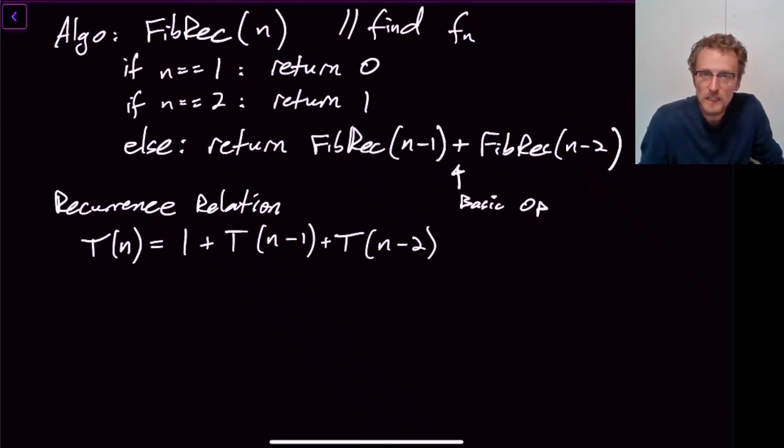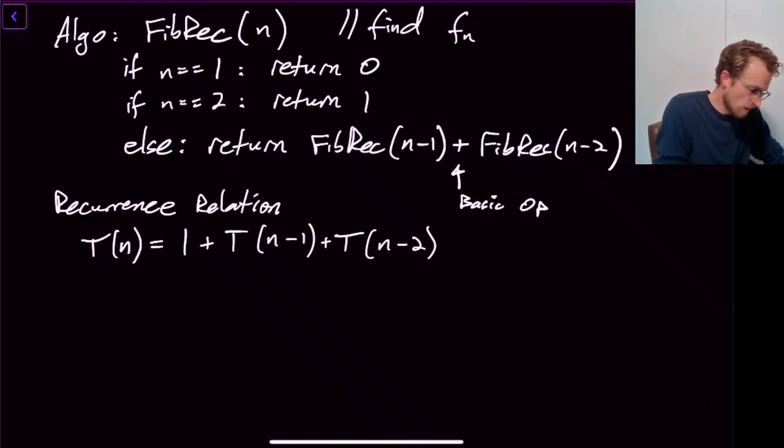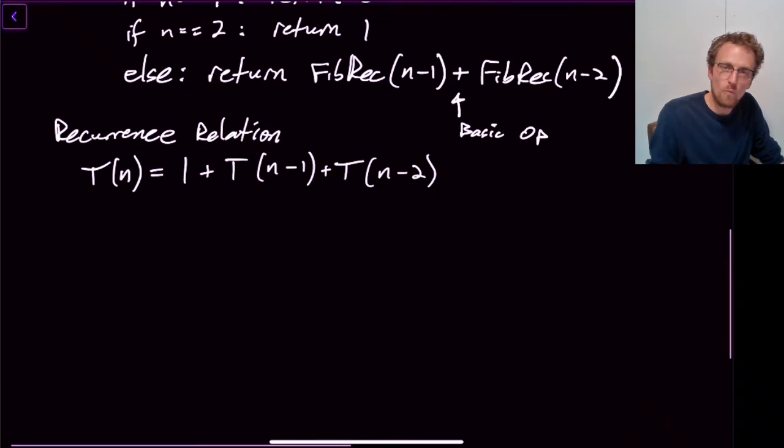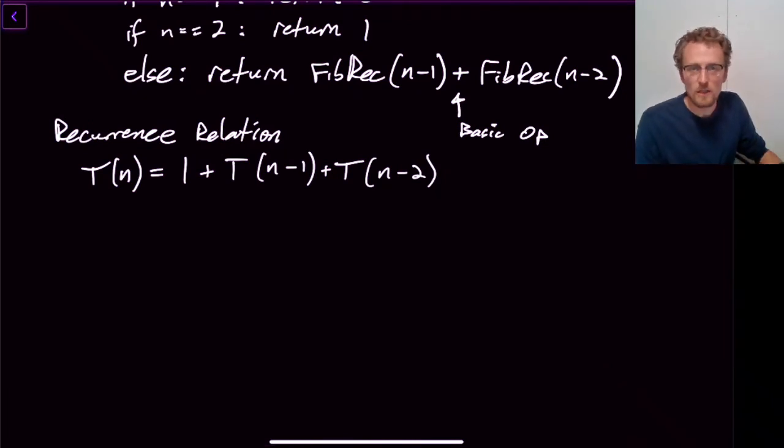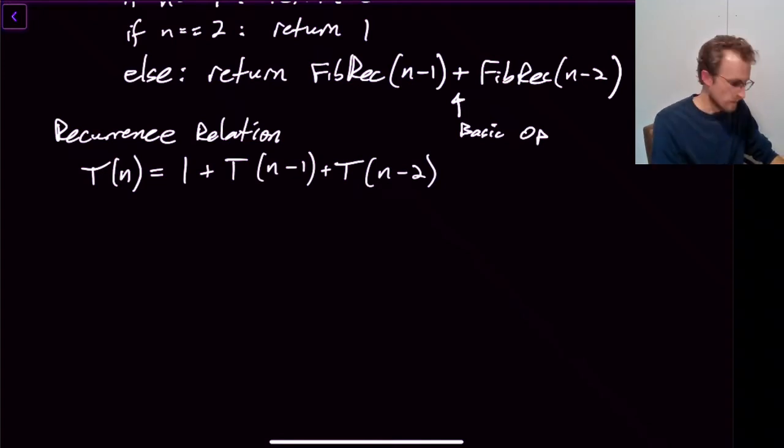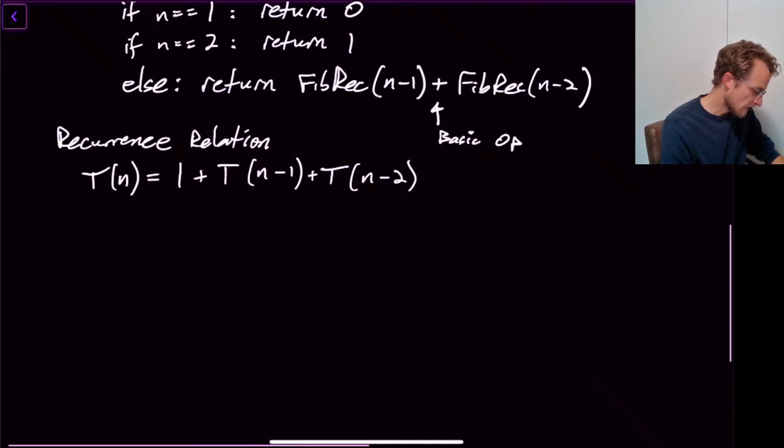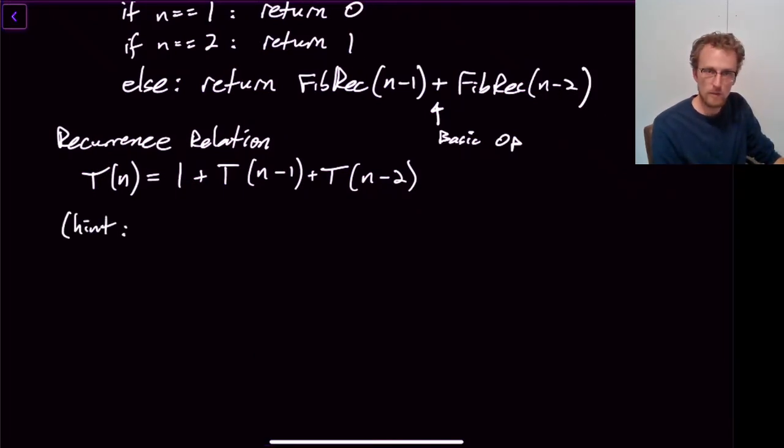Nonetheless, we can at least think about what the complexity might be. We haven't used tools in this class that can actually solve this completely, but we can think about what it would do. And just as a hint, if you are interested in solving this kind of recurrence relation, there's a method called the characteristic equation method.